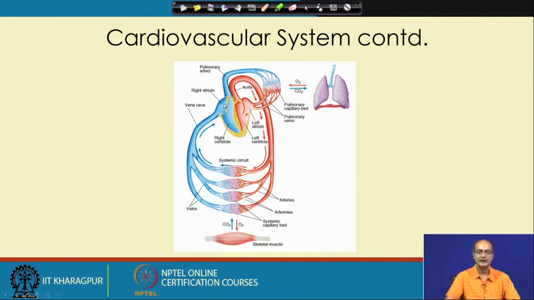The atria have very thin muscles, because they need to just push the blood to the chamber just adjacent to it. It does not need much power or much pressure.